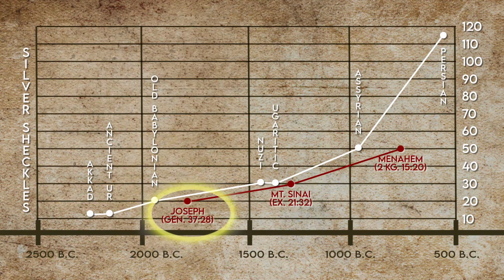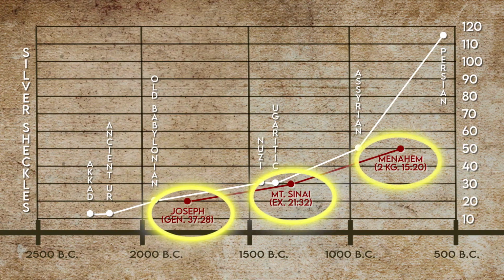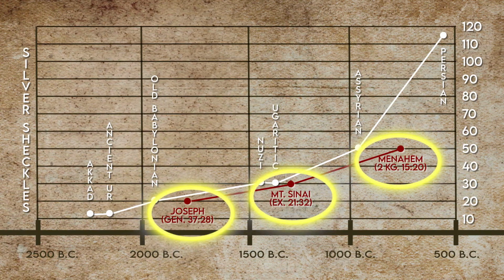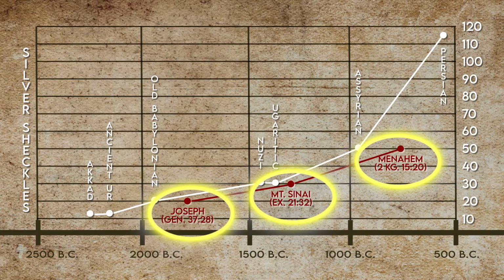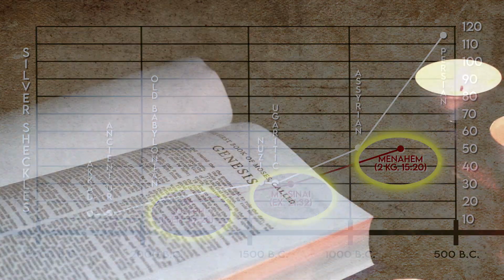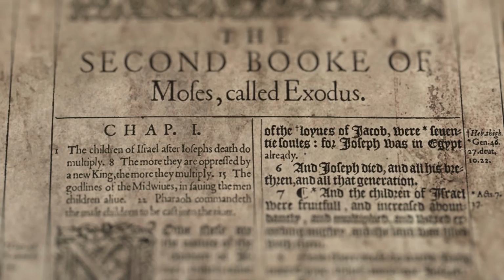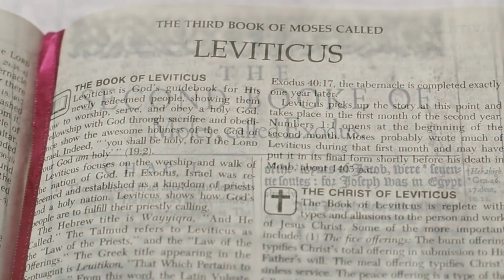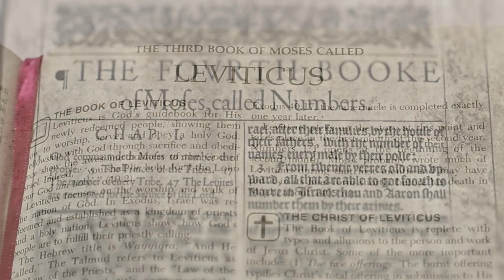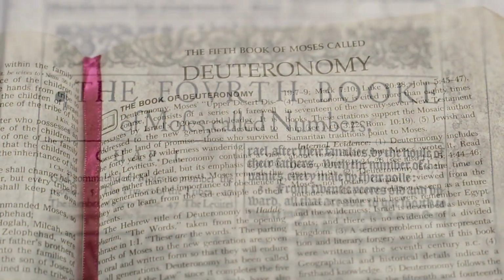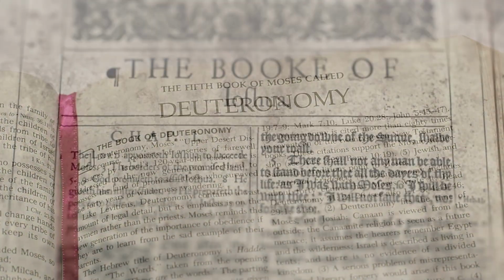Incidental evidence like this tells us that the biblical documents are authentic because they reflect the real-world situation, in this case the price of slaves, from the time and place when the Bible suggests that they were written. And the passages that contain this information are in different books of the Bible from different eras, and they don't point out the slave prices to make their writing sound authentic, they just mention them. So most readers would never even notice.